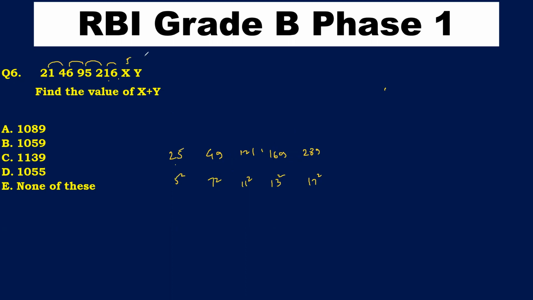And 5 plus 9, the last digit should be 4. So here the last digit should be 9. You can even just try this now. This term will be 216 plus 169. And this term should be this term plus 280. So the answer should be option number B or A somewhat.